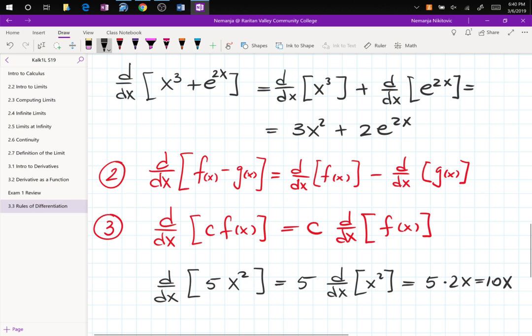Now clearly, as you do many problems for the homework and so on, you will immediately multiply the 2 into the 5, make it 10, and go from there. So there you have it. These are your rules.